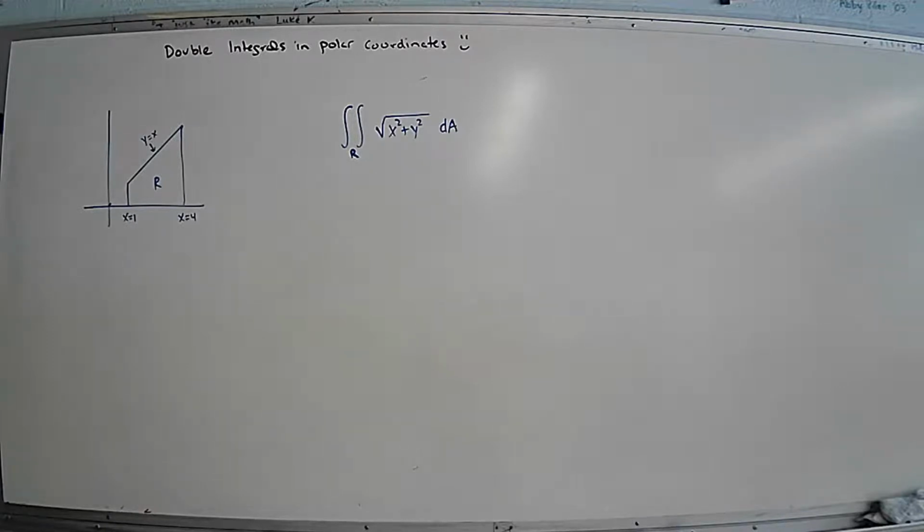Okay, so see if you can set that up. I'd say it's six of one, half a dozen of the other, whether you would want to convert this or not, because the square root of x squared plus y squared is actually not terrible to anti-differentiate.